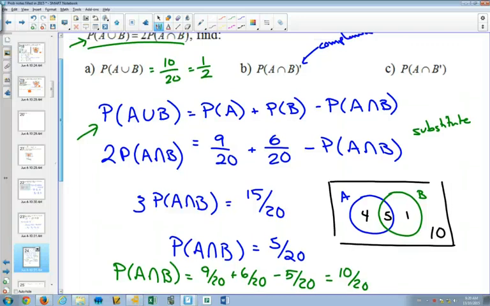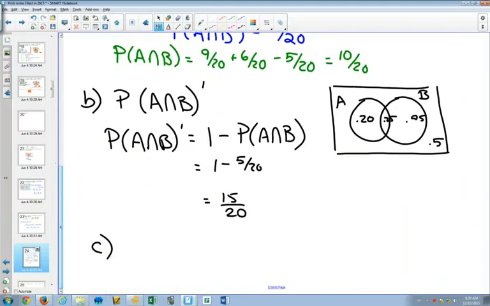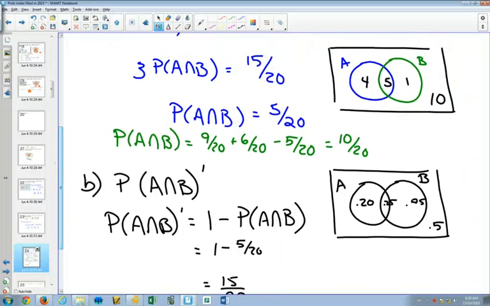And C was A and not B. Let's look at our first Venn diagram. It needs to be in A, but not in B. Can you see that that is 4?